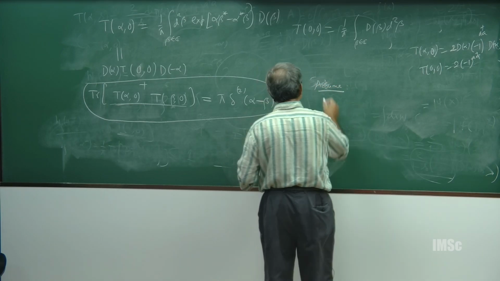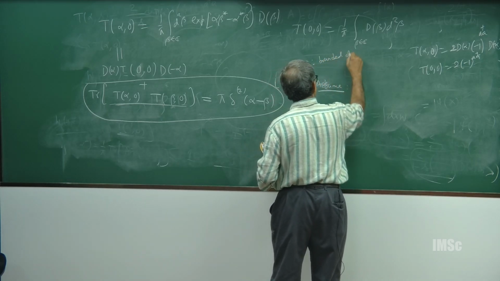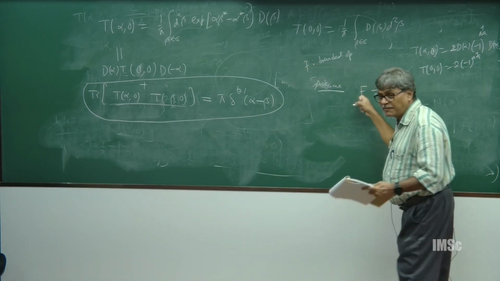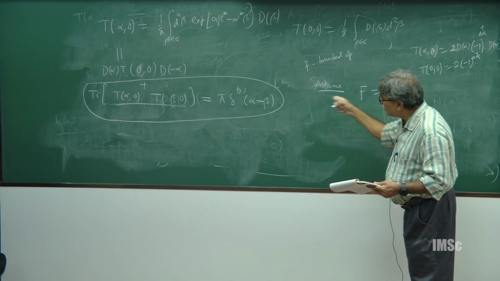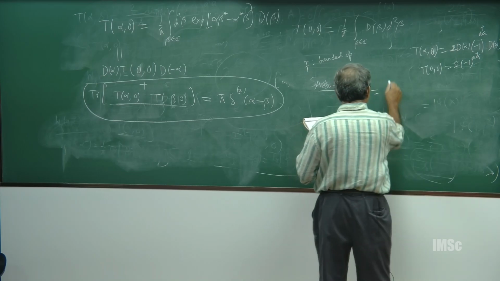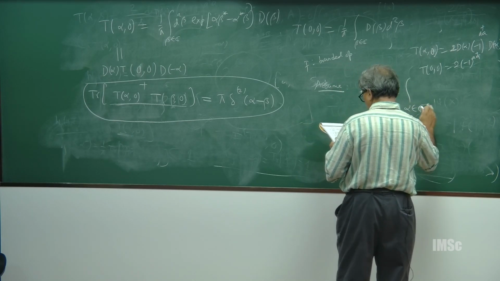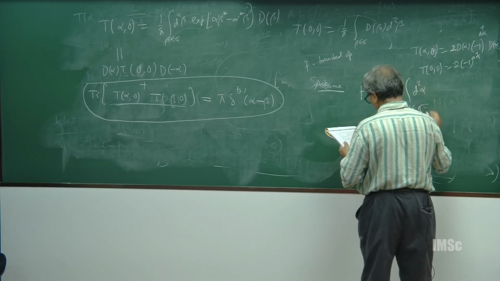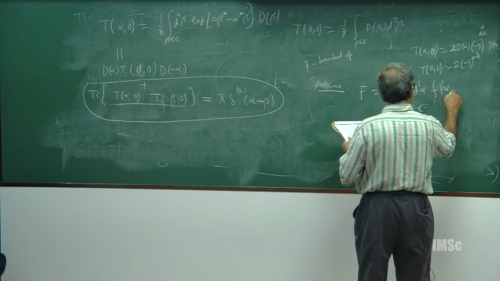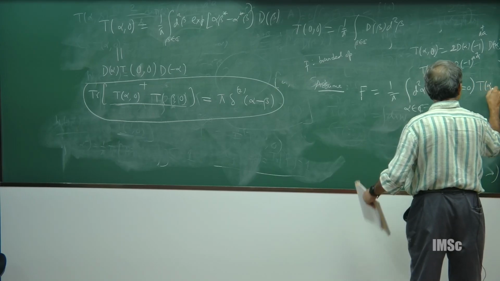Now let us assume that F is a bounded operator. As we have done it in terms of the displacement operator, let us do it in terms of this T alpha 0. So let us assume that F is 1 upon pi, integral over alpha belonging to C, d square alpha, times the weight function, which I will call P alpha, s equal to 0, times T alpha 0.